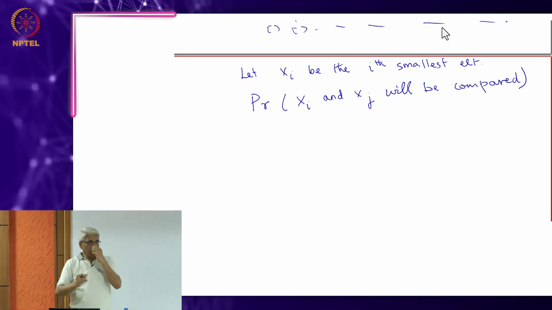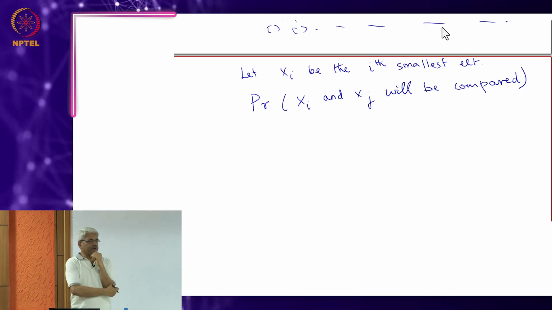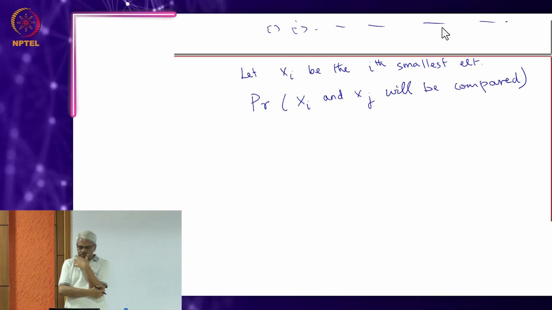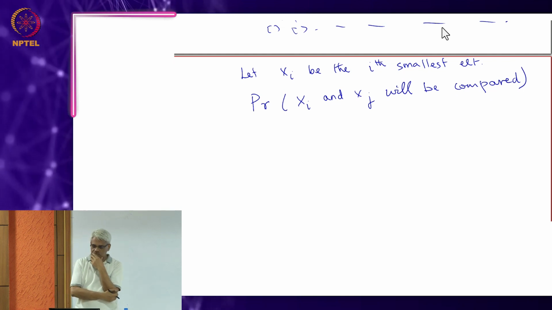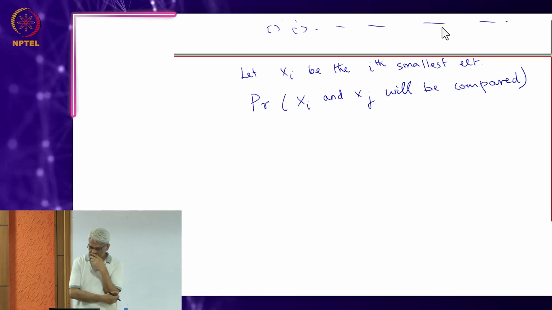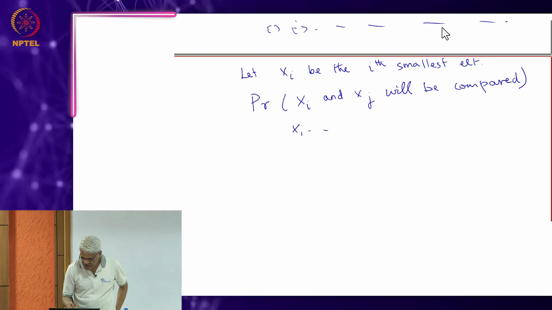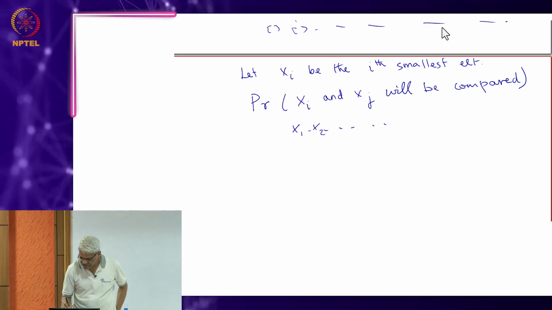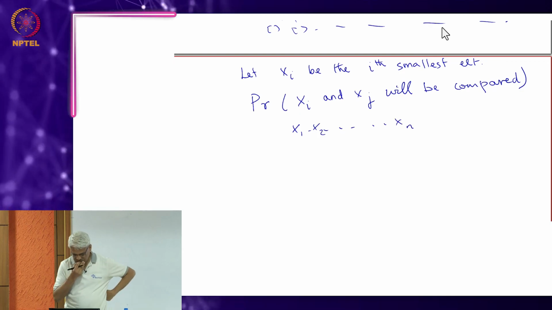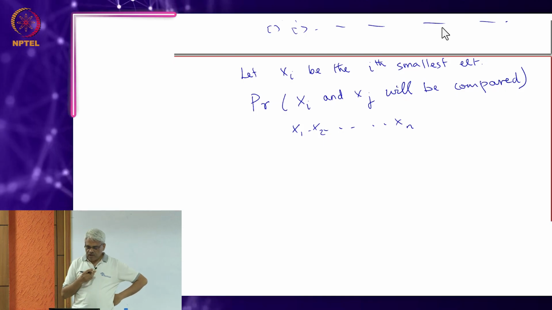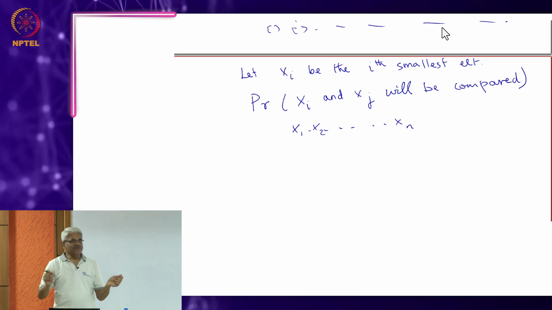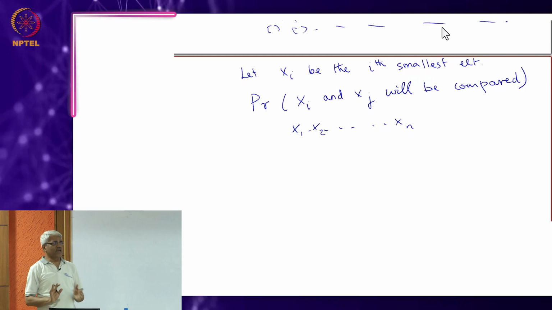Okay, so I want to know when will these two elements be compared. This is the ith smallest element, so think of the final sorted order like this. One more thing, once a pair of elements is compared, it is never going to be compared again.